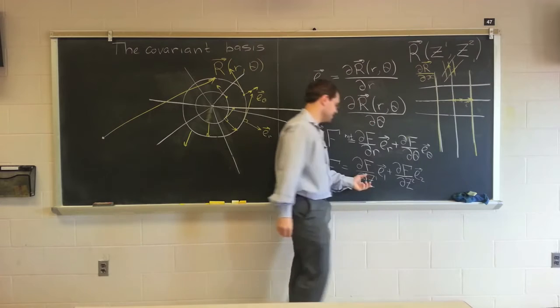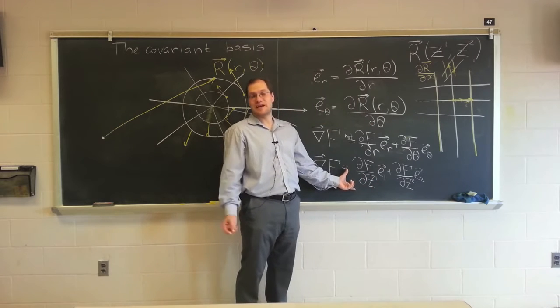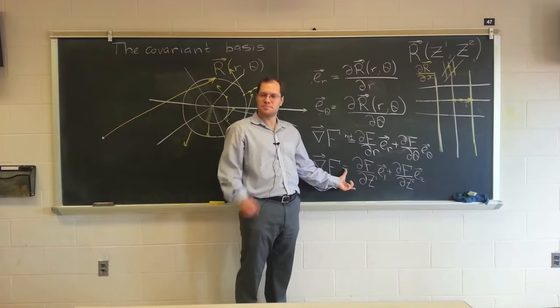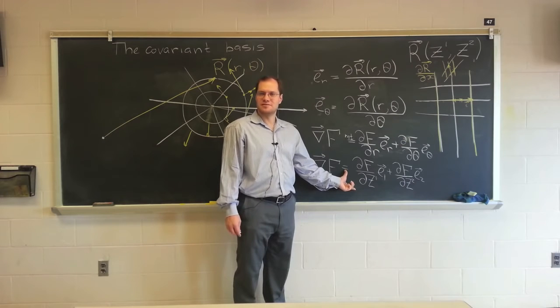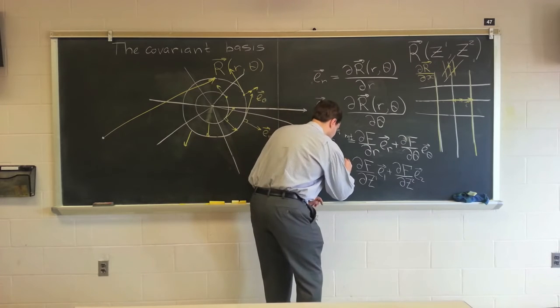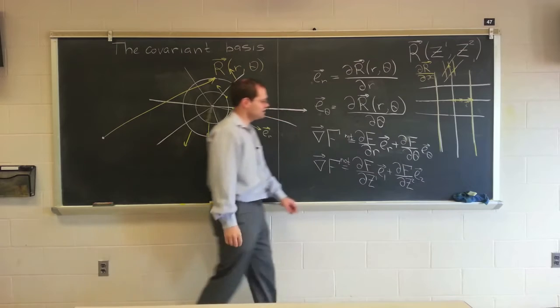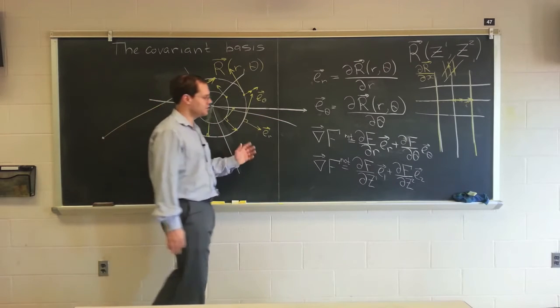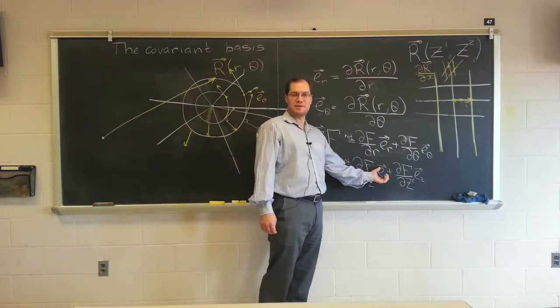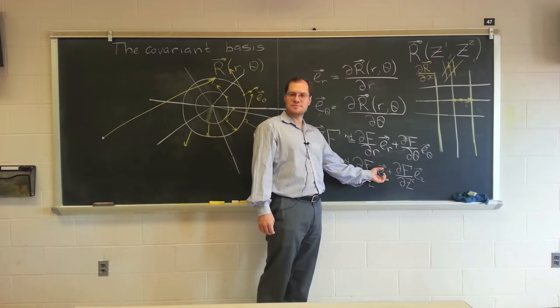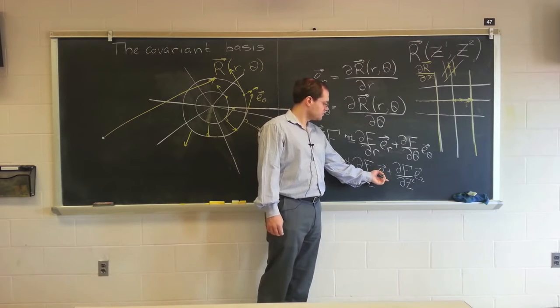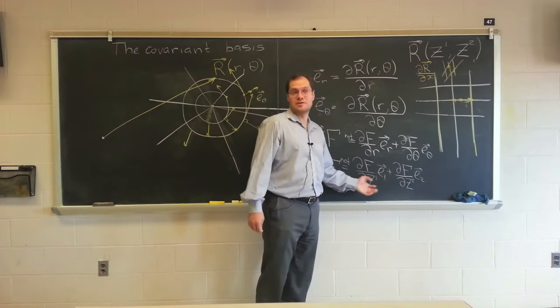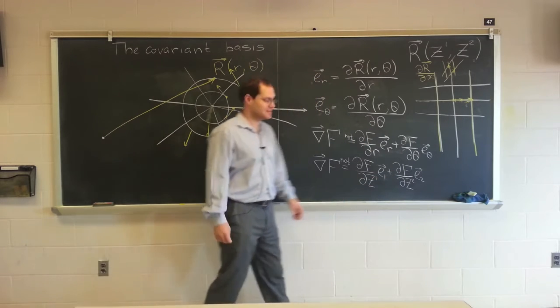This is a definition that can at the very least be evaluated in any coordinate system. So it's a positive step forward, except it will depend on your choice of coordinates, so it needs a little bit of a fix. But we have taken a significant step forward. We have defined the coordinate basis for any coordinates, and can at least now have expressions that need fixing. Before we didn't even have that.